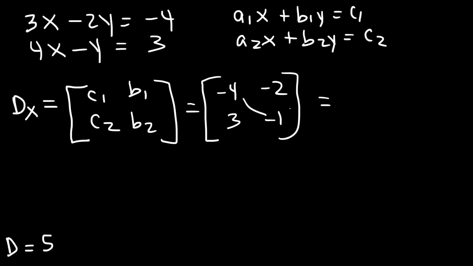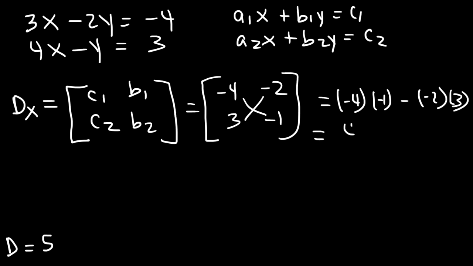So it's going to be negative 4 times negative 1, and then minus negative 2 times 3. So negative 4 times negative 1, that's 4. And then these two negative signs will cancel, so 2 times 3 is 6. So dx is 4 plus 6, which is 10.